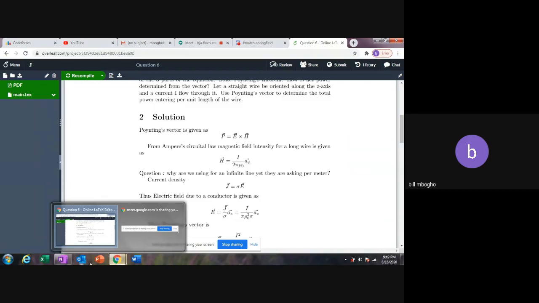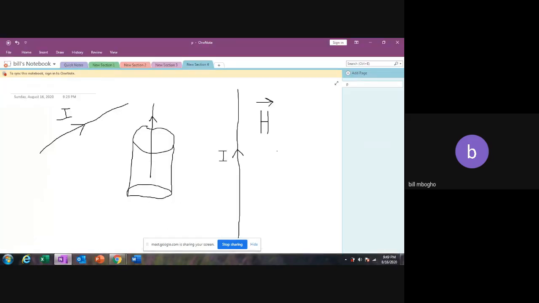Let me explain what that means. If you remember the right hand grip rule, if you do a right hand grip and this is our wire going in the Z direction, you'll find that H, because I is going up, has to come something like this.